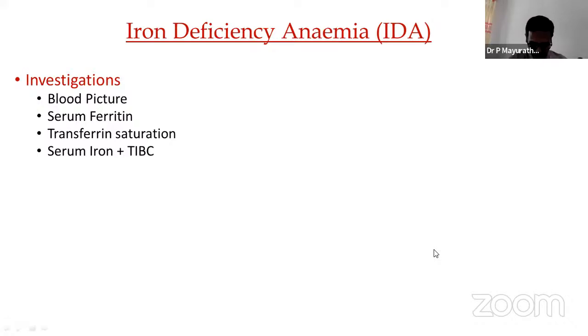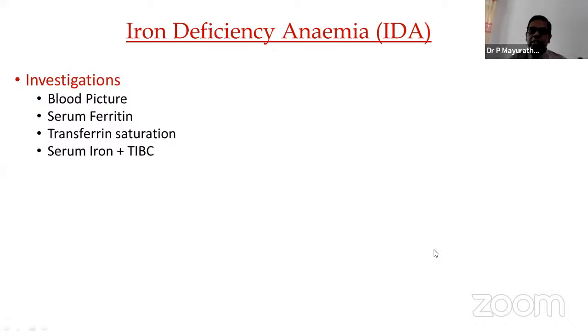But remember, if you are going to do the ferritin level, it is again an acute phase protein. It will be elevated in inflammatory conditions. So we always advise you all to do the inflammatory markers like ESR or CRP. If those are normal, then the inflammation is not there, then you can perform ferritin level.